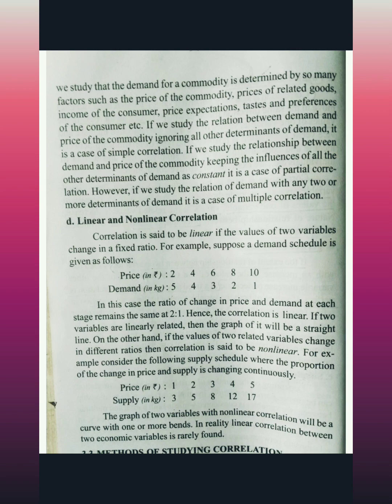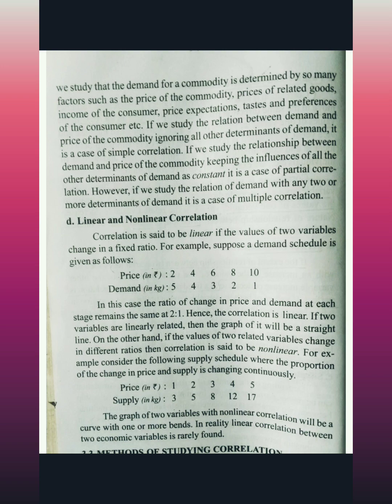Correlation means a relationship between two or more variables, and there is a univariate or bivariate distribution. In the case of univariate distribution, we consider only a single variable. In bivariate, we consider two variables, and there are several types of correlation. The first type is positive and negative correlation.